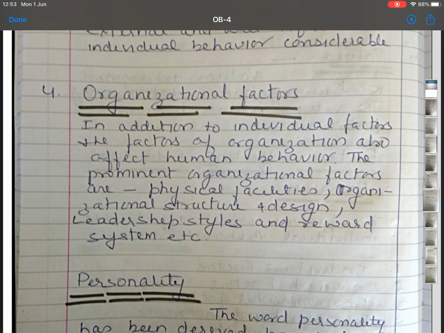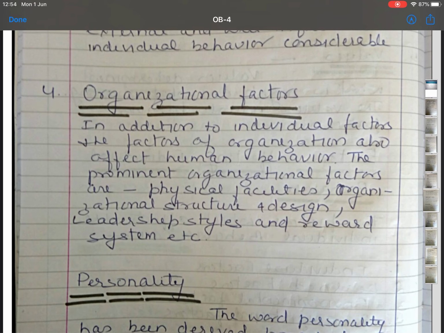So these are prominent organizational factors which do affect individual behavior. If in the organization the physical facilities are very good, proper lighting is there, air conditioning is there, proper space for employees is there, then definitely these facilities are going to affect individual behavior in the organization.